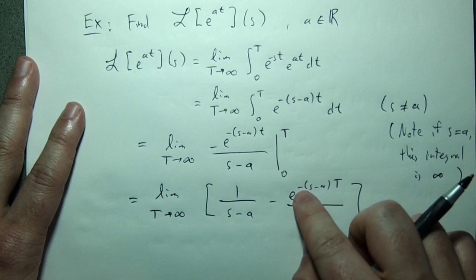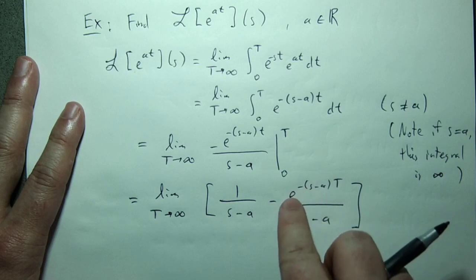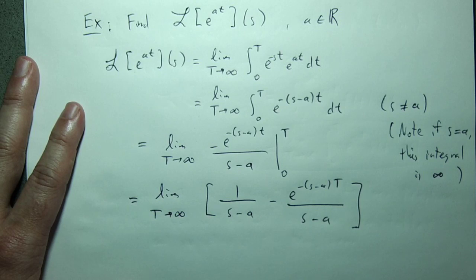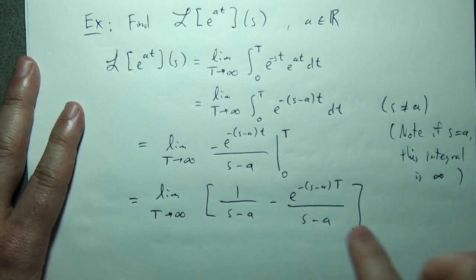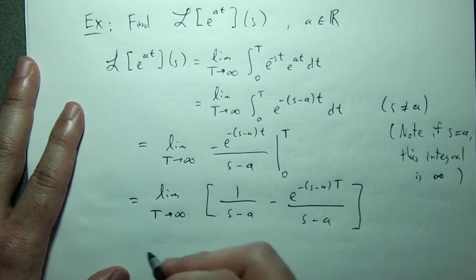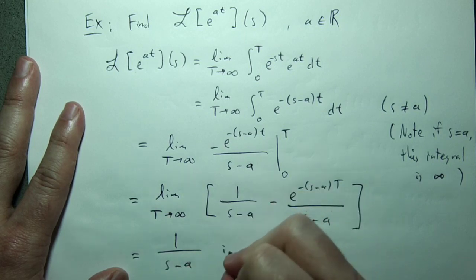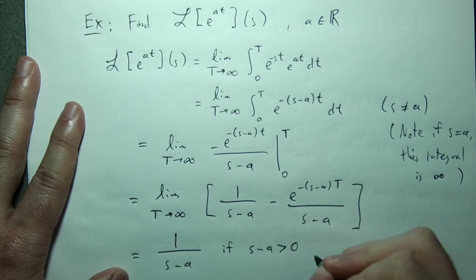So this is e to some negative thing that is going off to infinity, so this is going off to 0. And s is not equal to a, so we don't have to worry about these denominators. And so if s minus a is positive, this term goes to 0, and this is equal to 1 over s minus a.